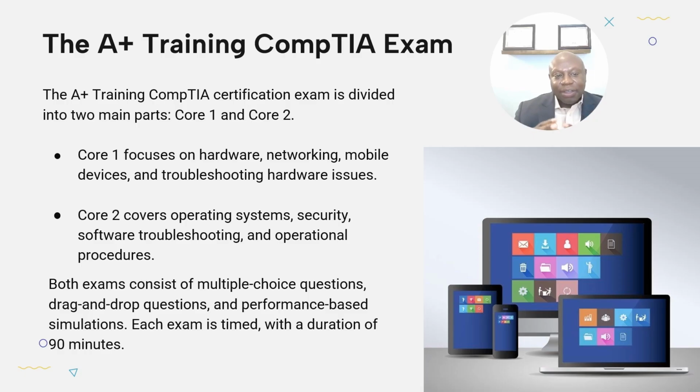The second covers operating systems, security, software troubleshooting, and operational procedures. Both exams consist of multiple choice questions, some drag and drop, and performance-based simulations. Each exam is timed at 90 minutes.